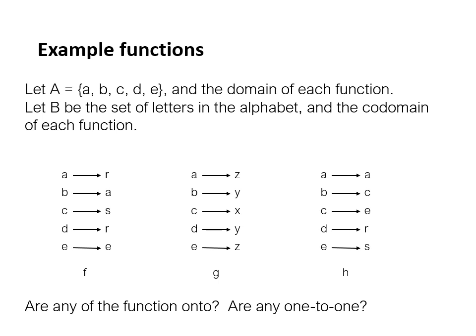So here are three example functions, and we'll try to determine their properties. Let A be equal to {a, b, c, d, e}, and this is the domain of each function. And let B be the set of letters in the alphabet, the codomain of each function.